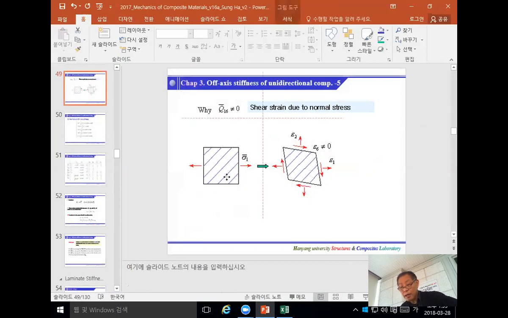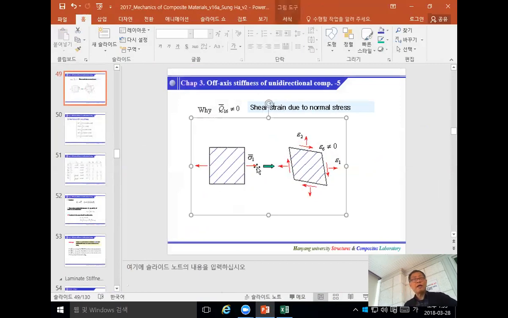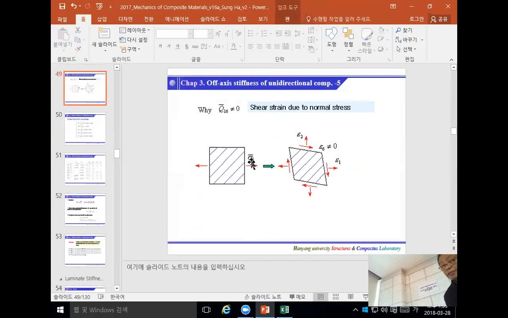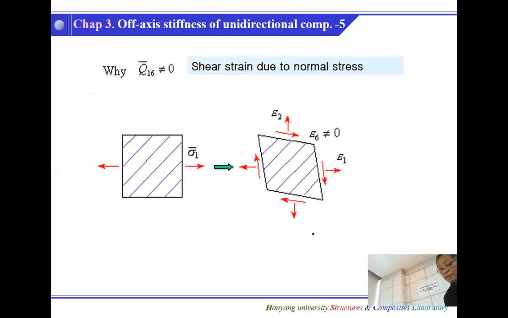Okay, this is the slide explaining why Q16 can be non-zero for a certain angle. For example, if we apply a sigma 1, this is the normal stress. Q16 is related to the normal stress, and normal stress would cause the normal strain and transverse normal strain, but also a shear strain.